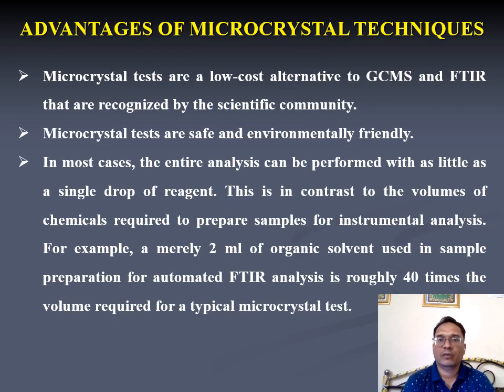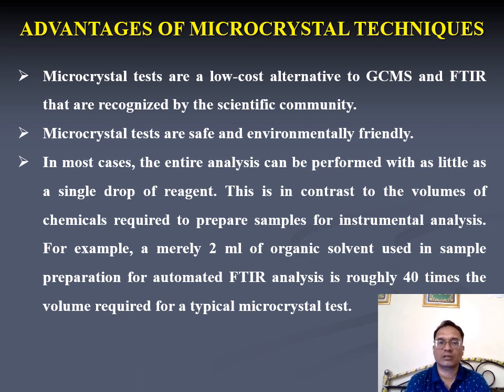There are a number of advantages of microcrystal techniques over chemical screening methods. The first advantage is that microcrystal tests are a low-cost alternative to GC-MS and FTIR that are recognized by the scientific community. The microcrystal tests are safe and are environmentally friendly. In most of the cases, the entire analysis can be performed with as little as a single drop of the reagent.